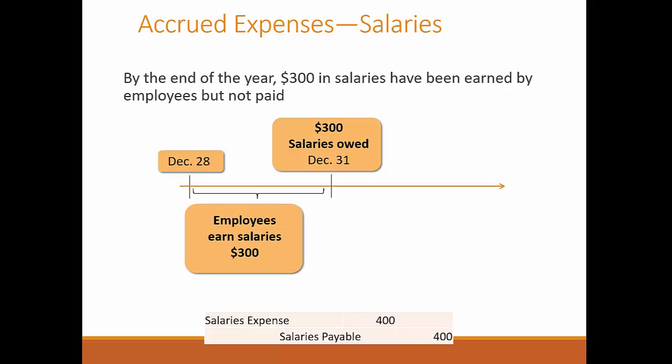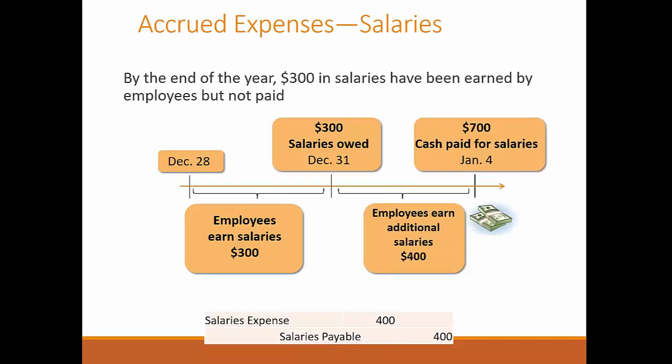So in this case, if a company is hiring people and they have employees that are making money, they don't necessarily pay them every single day, which is very common, but they have accrued an expense as a result of the employees working. So they go ahead and recognize the expense and they put it into a payable account until such time as they pay their employees. So this is an accrued expense.